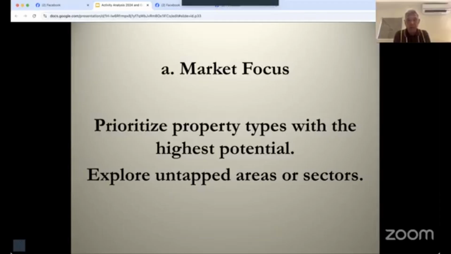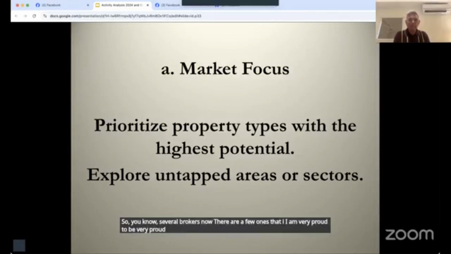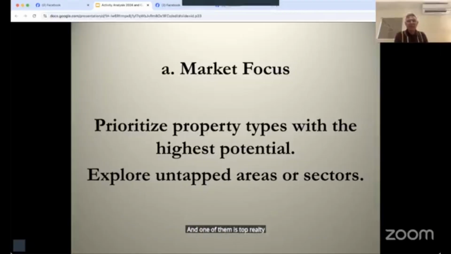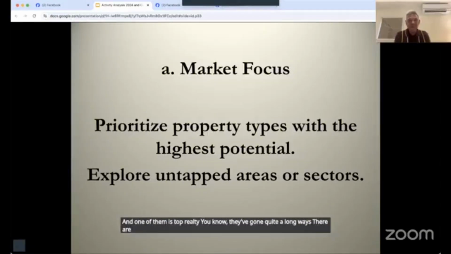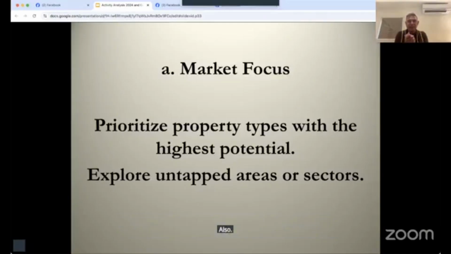There are a few that I am very proud of, how they've done, and one of them is Top Realty. They've gone quite a long way. There are others coming up also, and I don't think I need to mention them. They know who they are, but they're being aggressive in this market.